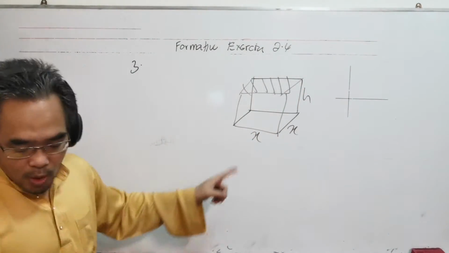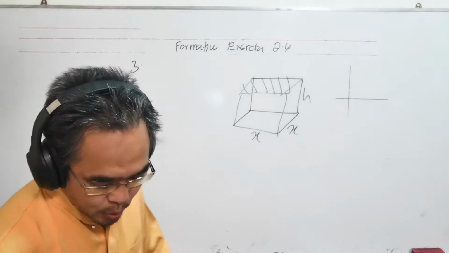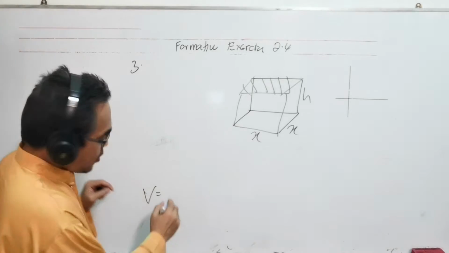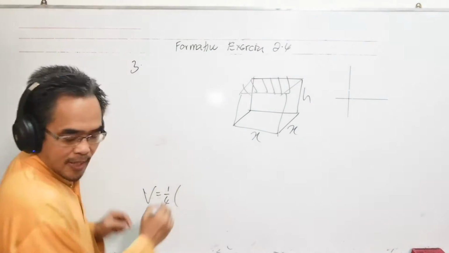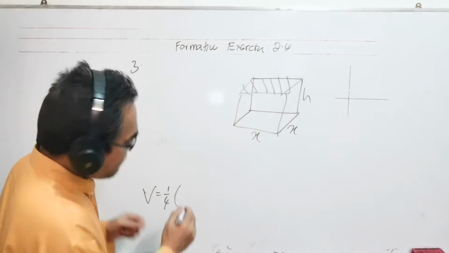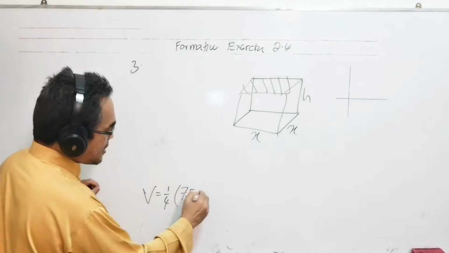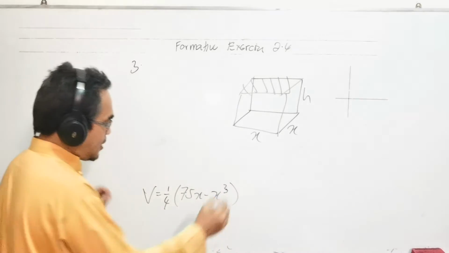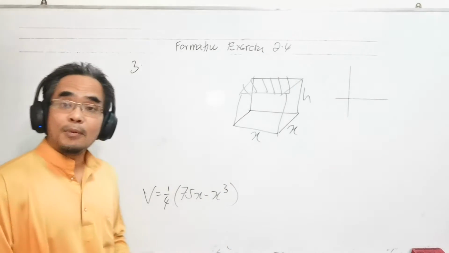Okay, so in order to create the equation to show that the volume is 1/4 (75x minus x cubed), we should not begin with this.